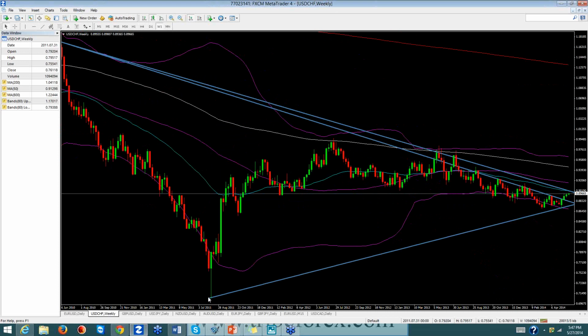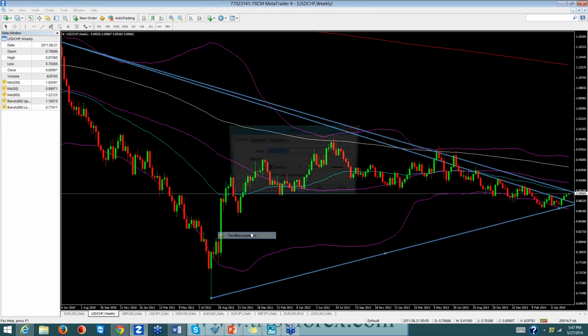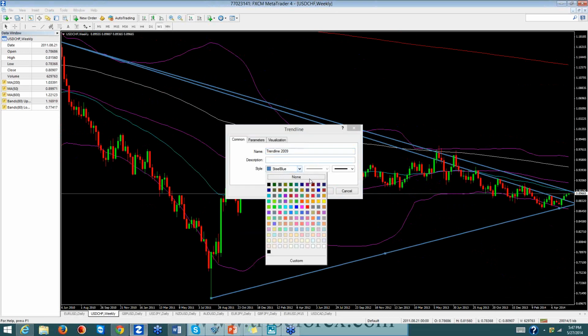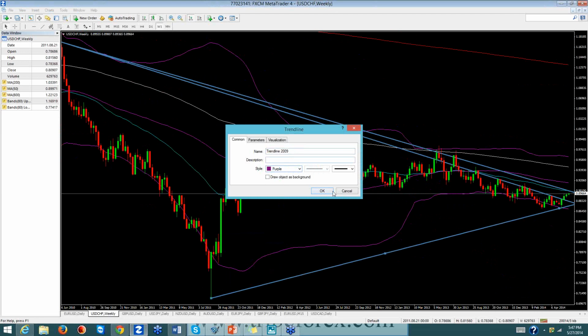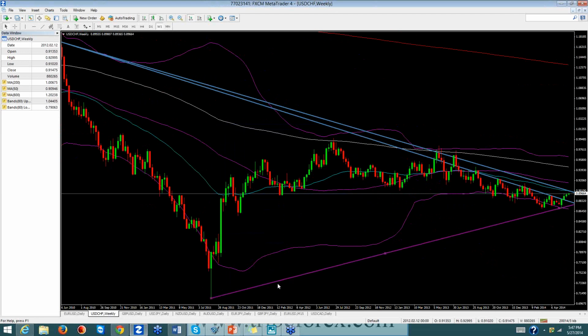That actually works out wonderfully for our weekly. Provisional on the monthly, but solid on the weekly. Nice bounce off of that area.